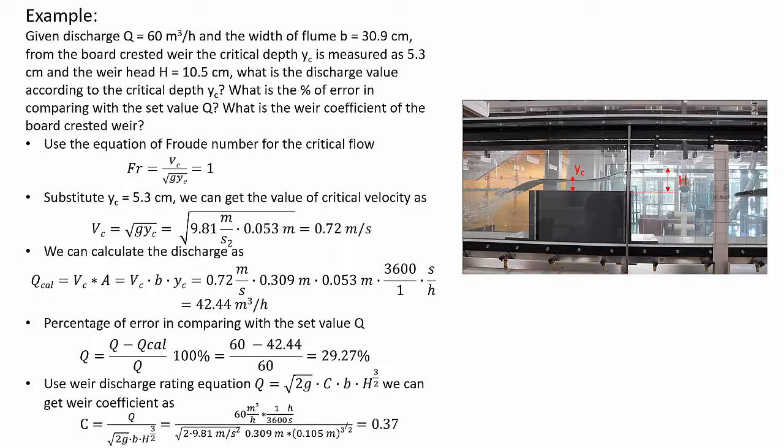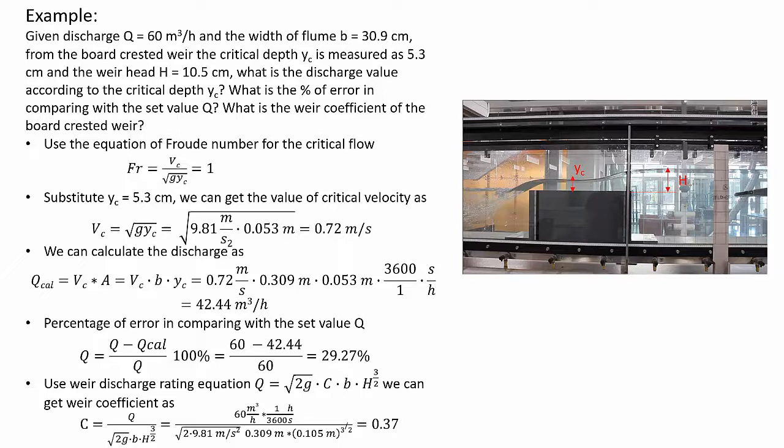First, we can use the equation of flow number for critical flow, of which the flow number equals 1. By substituting the critical depth Yc equal to 5.3 centimeters, we can get the value of the critical velocity as 0.72 meters per second. Next, the calculated Q value equals V multiplied by area A, which equals VcBYc.